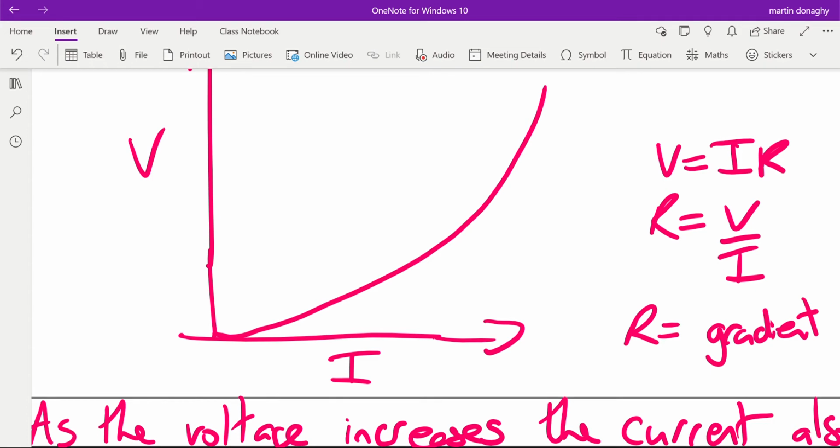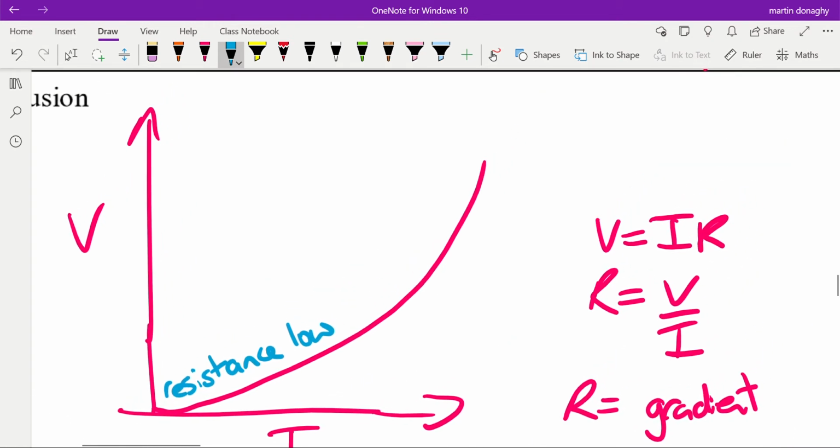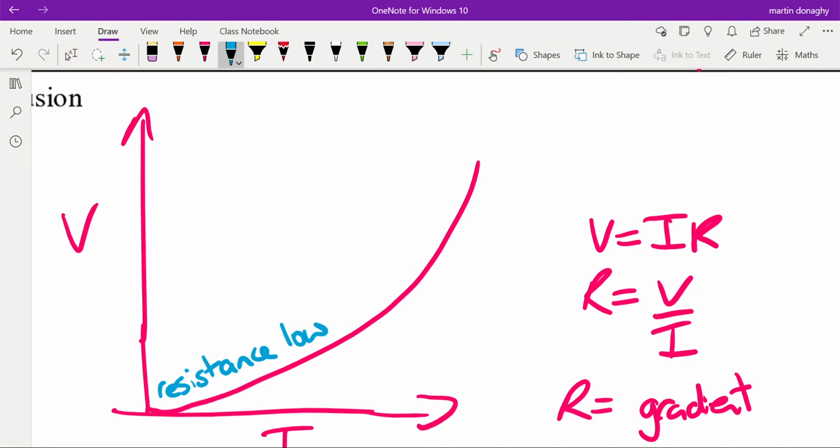And if we look at the gradient here, we can see when the voltage is low, the current's low, and the gradient is quite shallow, okay? Which tells us that the resistance is low. But meanwhile up here, the gradient is steep, therefore we can tell the resistance is high, okay?